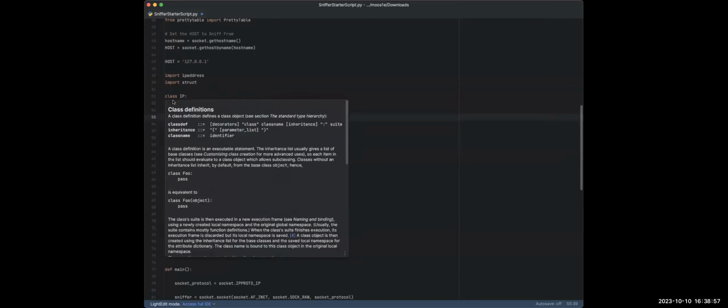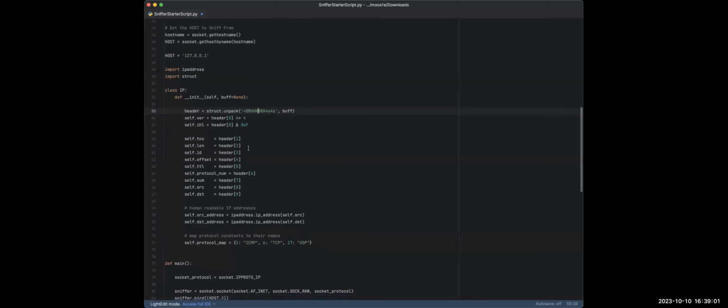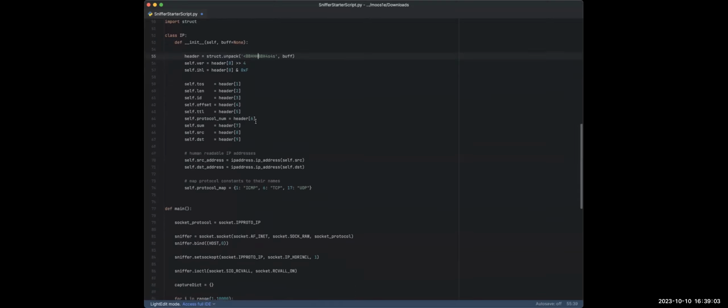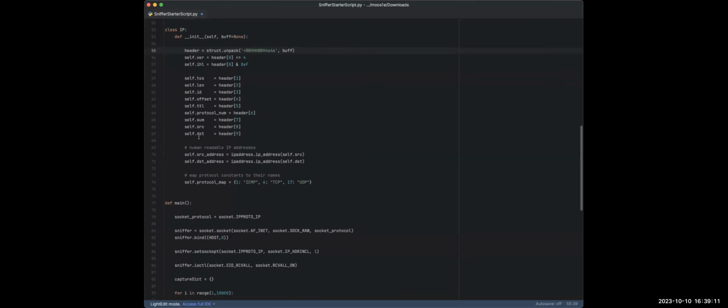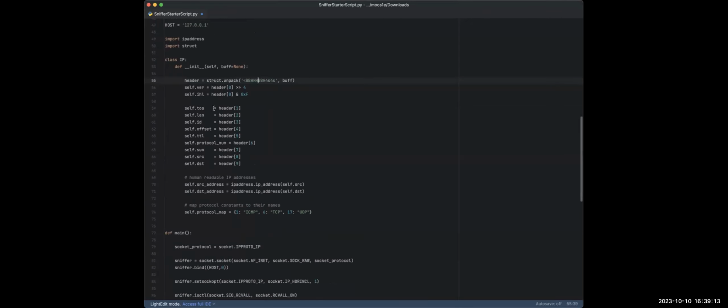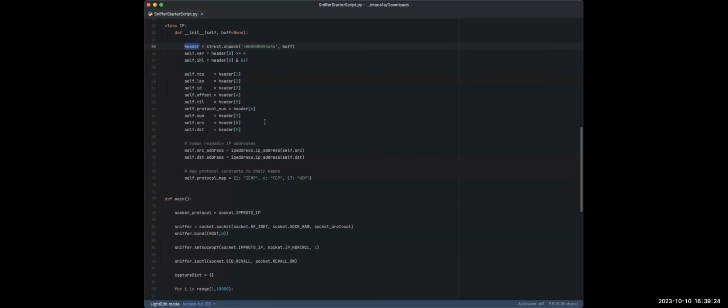So we create a class called IP, and again, this is already created. This is the bare bones script that you're getting for this week. It's going to be pulling from the IP address. Yep, we have self, sorry. So the header is being created, and the header is what's going to pull from various different packets.